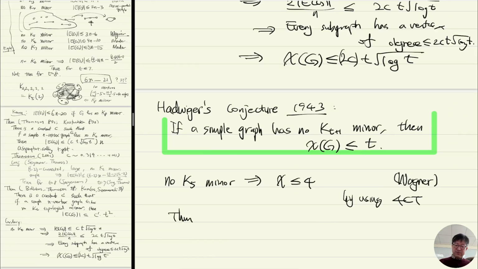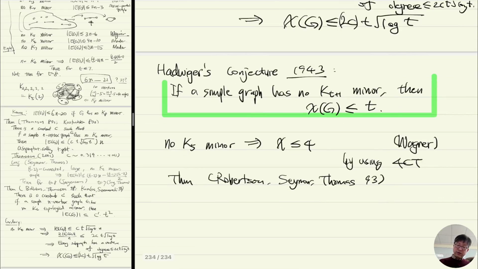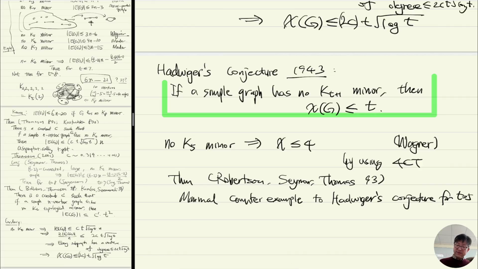And here's the theorem for the next case, due to Robertson, Seymour, Thomas in 1993. They proved that a minimal counterexample to Hadwiger's conjecture for t equal to 5 is an apex graph.